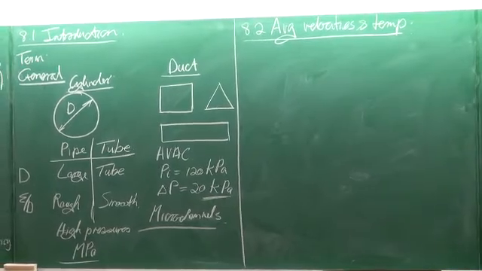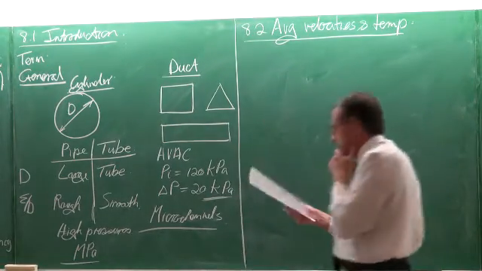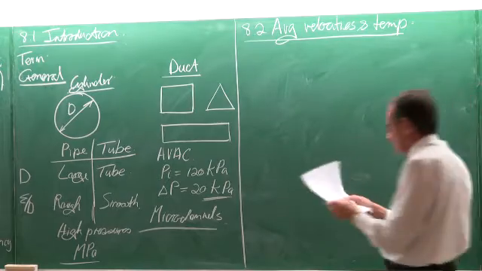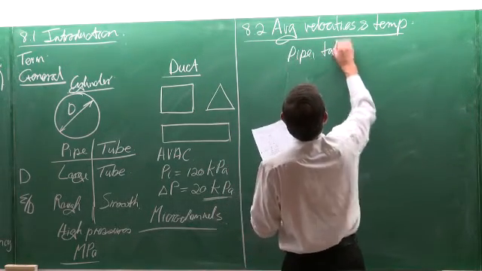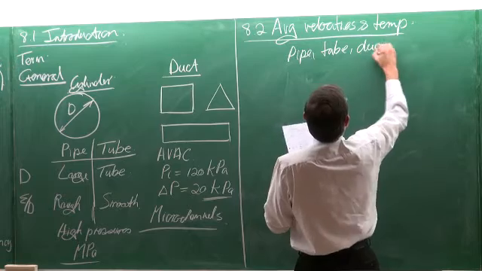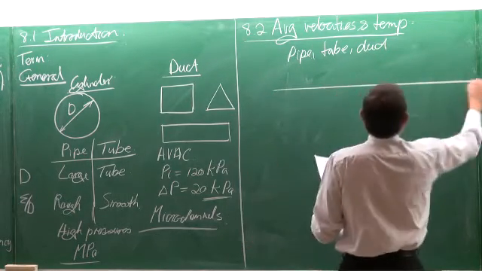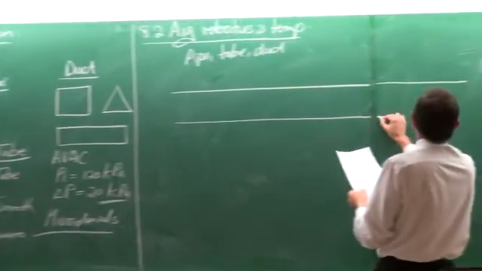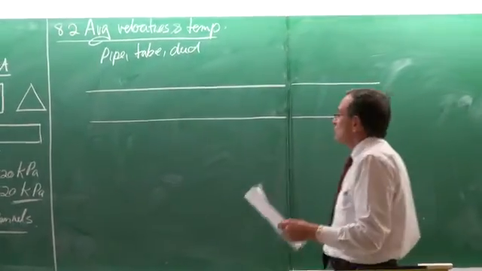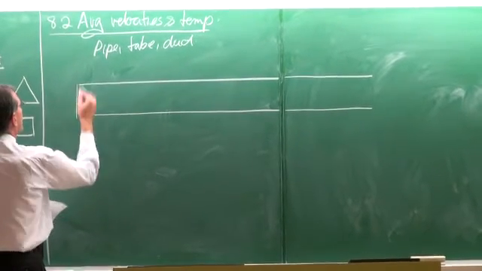Average velocities and temperatures. Let's consider a pipe, a tube, or a duct. Doesn't matter. I'm going to draw it quite long because I need some space here, like that. Let's suppose there is the pipe or the duct.